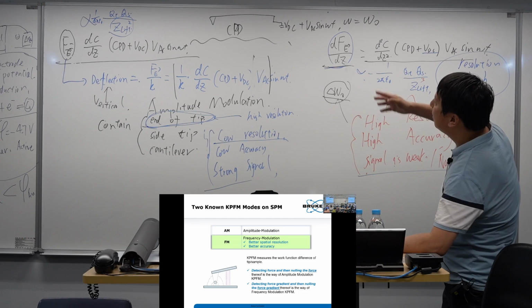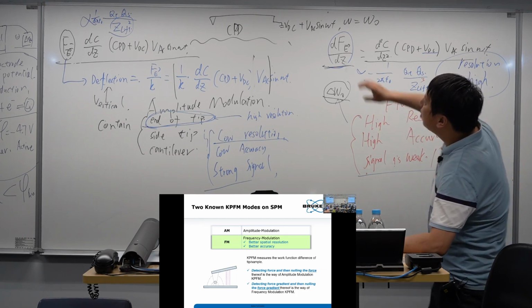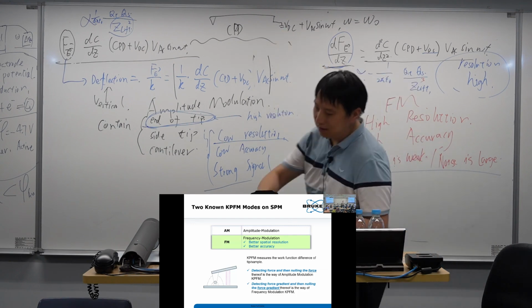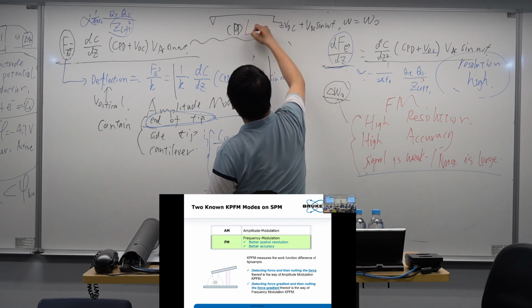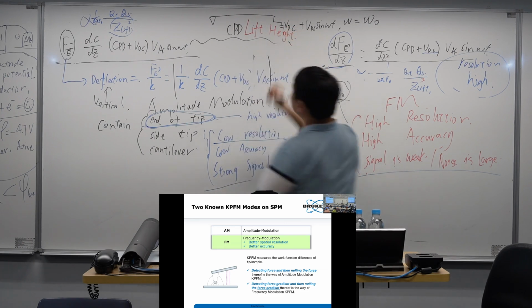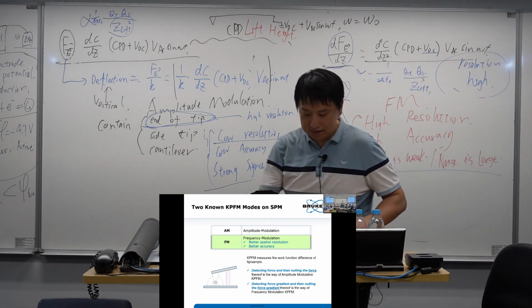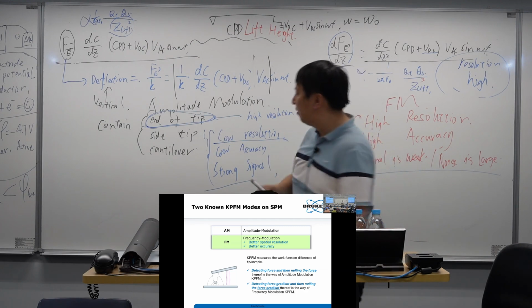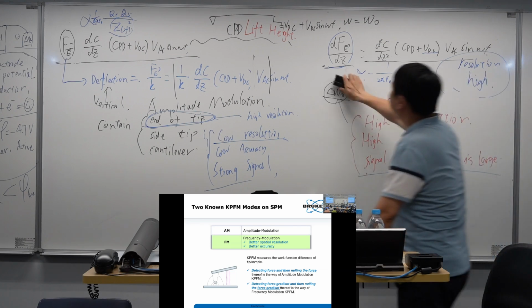And the last parameter we would discuss here is the lift height. So we don't talk about the lift height here, but once we go back, we can consider this.